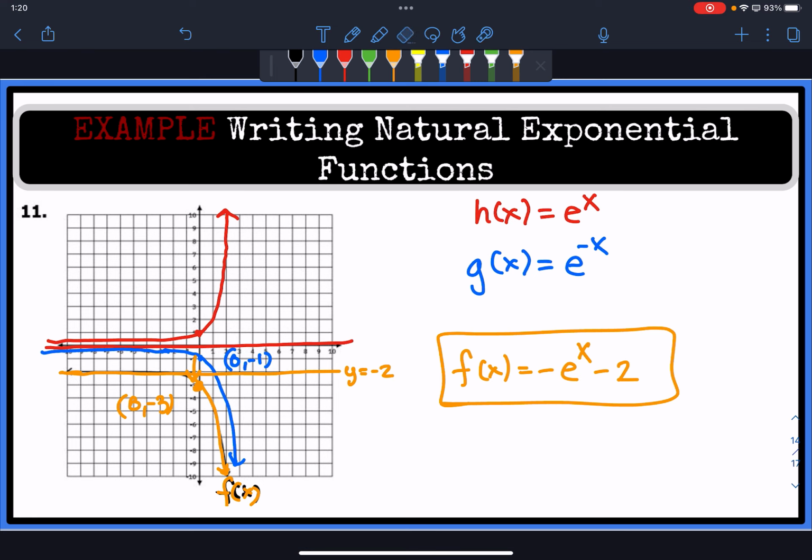Excuse me, that should have a negative sign on the e and not on the x, because the negative sign on the x would make it a reflection across the y-axis and not the x-axis, and not have it upside down. So I need the negative sign right there. And now looking from that perspective of this one upside down, I can accurately count the reflection and how many units it has been moved from its original location.